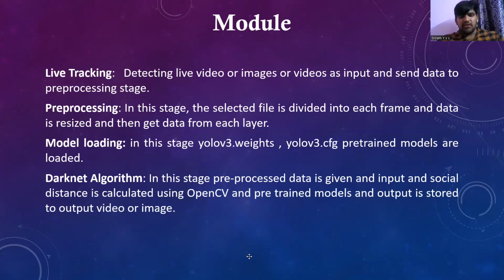The solution can be slow since we have to run predictions for every selected region on the image. Examples of these algorithms are R-CNN, that is region-based convolutional neural networks.